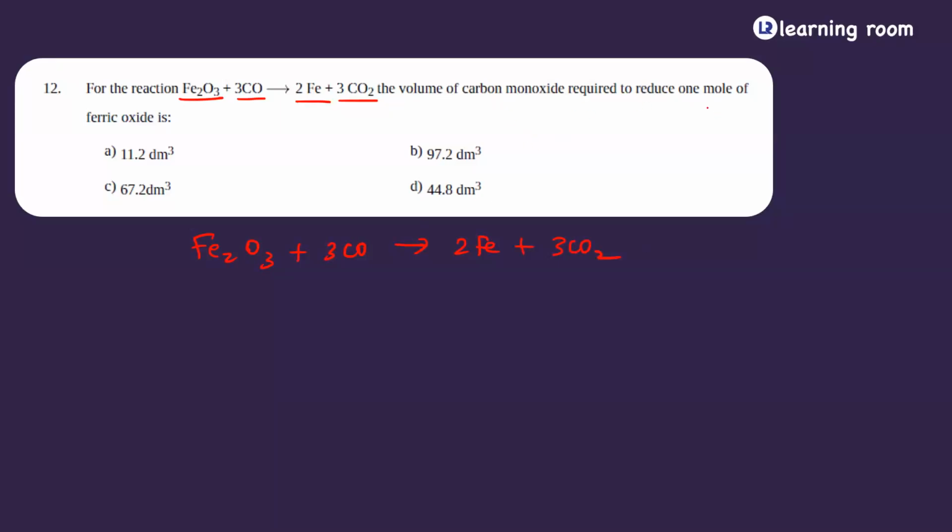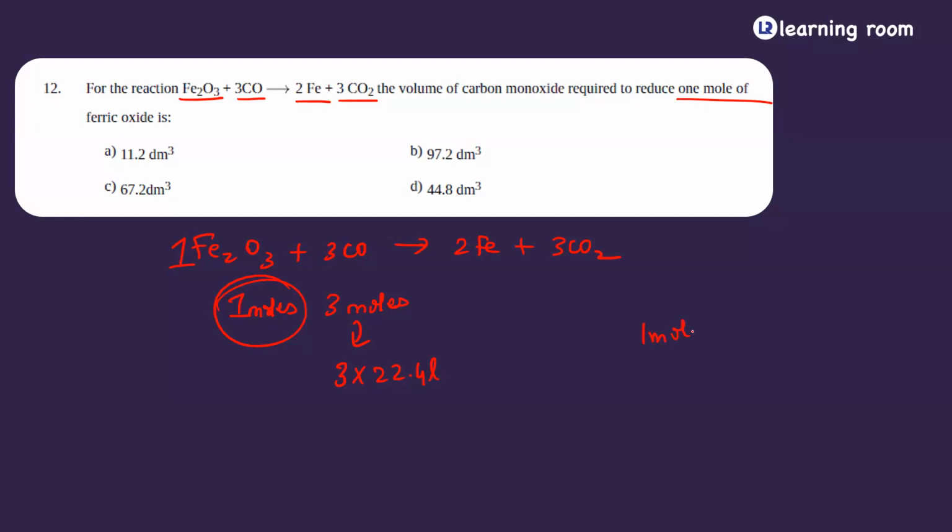Very simple. For 1 mole of ferric oxide, 3 moles of CO are required. So the volume of 3 moles of gas at STP is 3 into 22.4 liters.